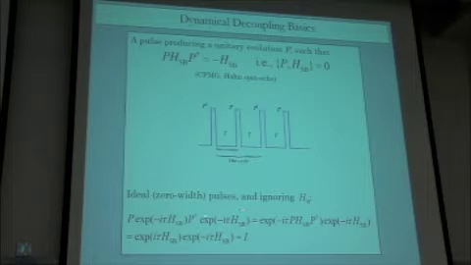Let's say that you evolve under the system bath Hamiltonian for some time tau. Now you apply the pulse, evolve again, apply the pulse, and now it's an identity that you can easily prove: you can take a unitary and put it inside the exponential. P, unitary P dagger, the P goes inside the exponential. Okay, just by Taylor expanding the exponential, you can prove that in one line.